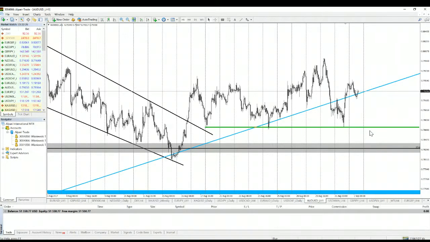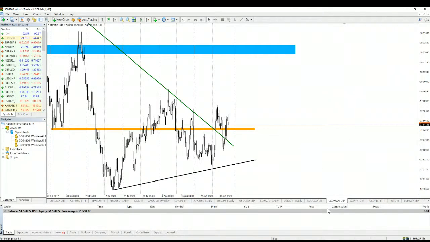This creates an opportunity for sellers, for traders trading the breakouts, right? Traders using pending orders, if they have sell stop orders here, there is a potential of making a nice profit.